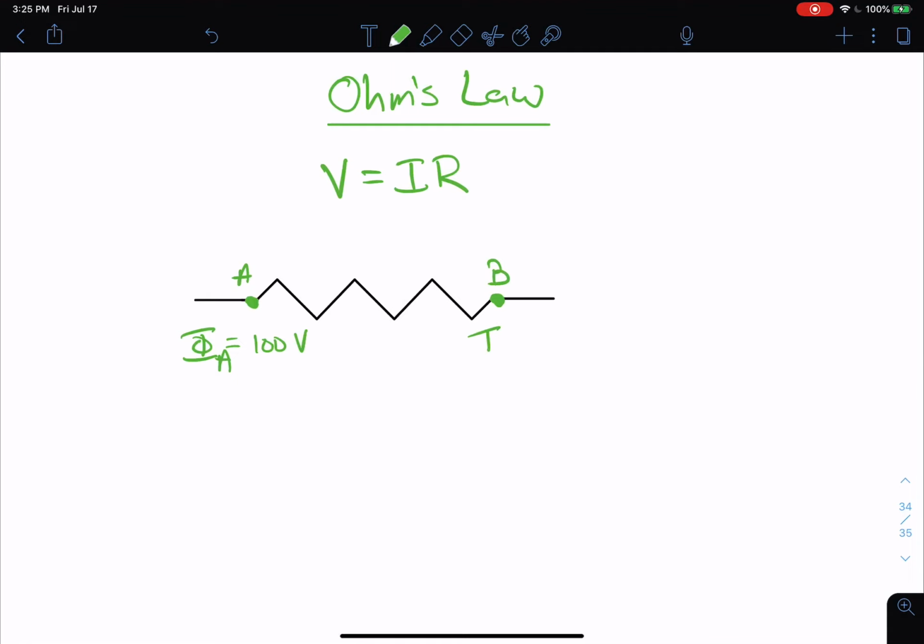And I'll say that the potential at B is 95 volts. And also important to point out that the current, I'll say the current is going that direction.